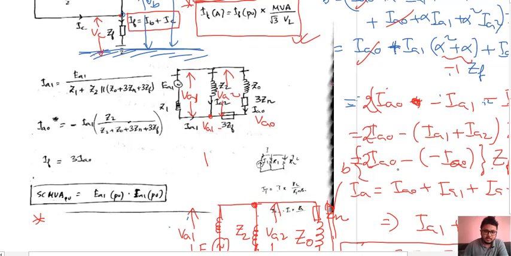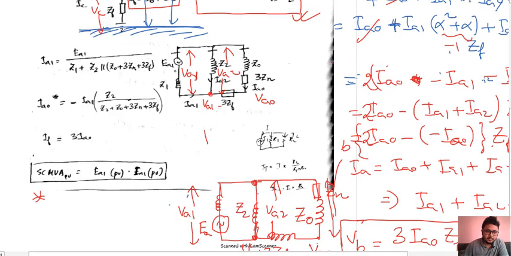Okay, now let us calculate the currents. Now see here, positive sequence, what current is going to flow? IA1, and here IA2, and here IA0. What is IA1? Let me erase this part. These two are in parallel, so Z2 parallel Z0 plus 3ZF, where Z0 plus 3ZF is in series, will be in series with Z1, isn't it?